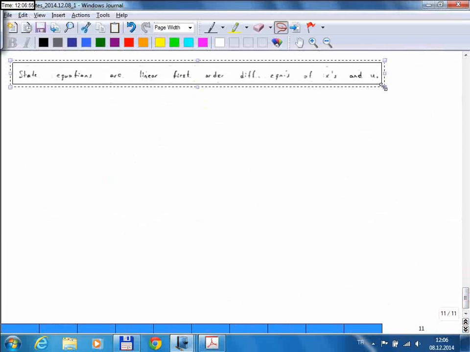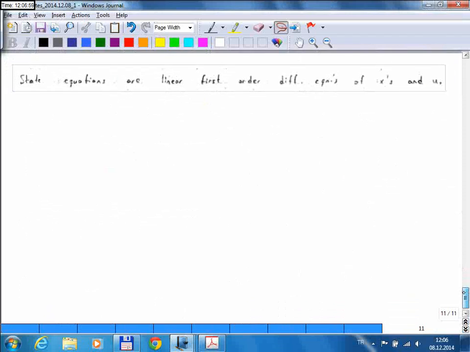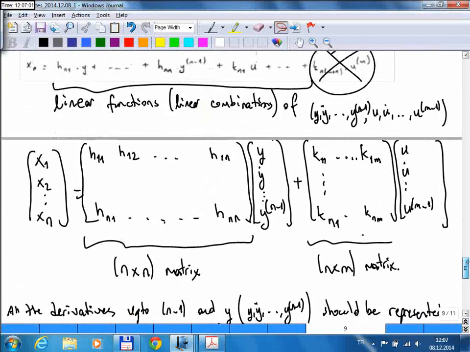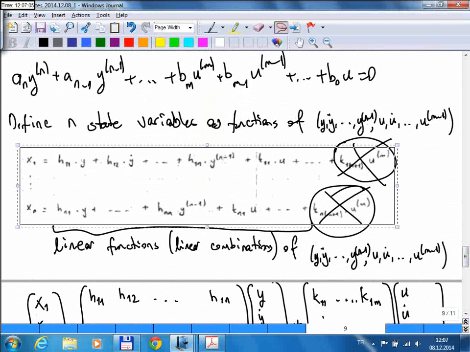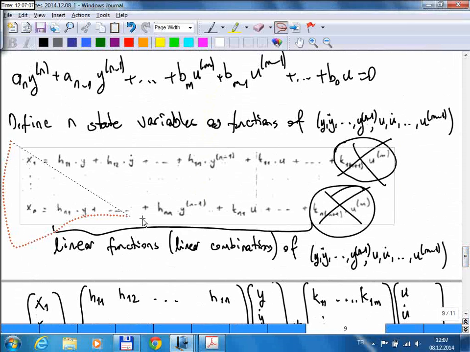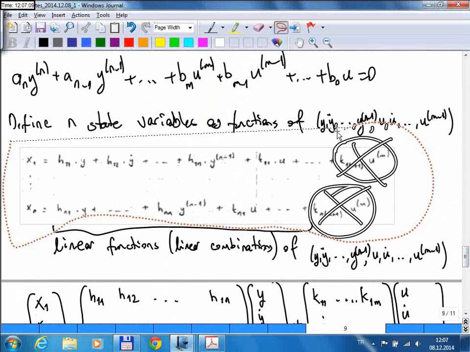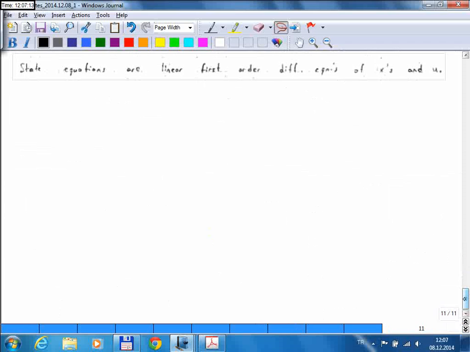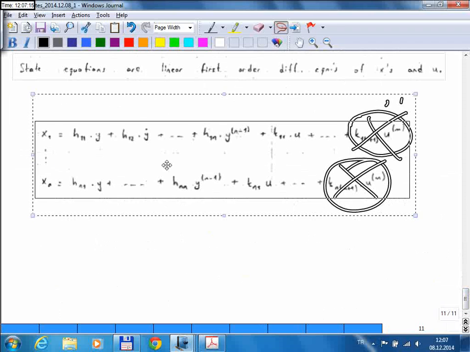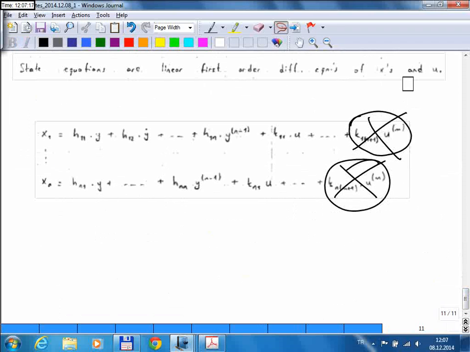The state equations are the first derivatives of these state variables. So I obtain them by differentiating these equations.